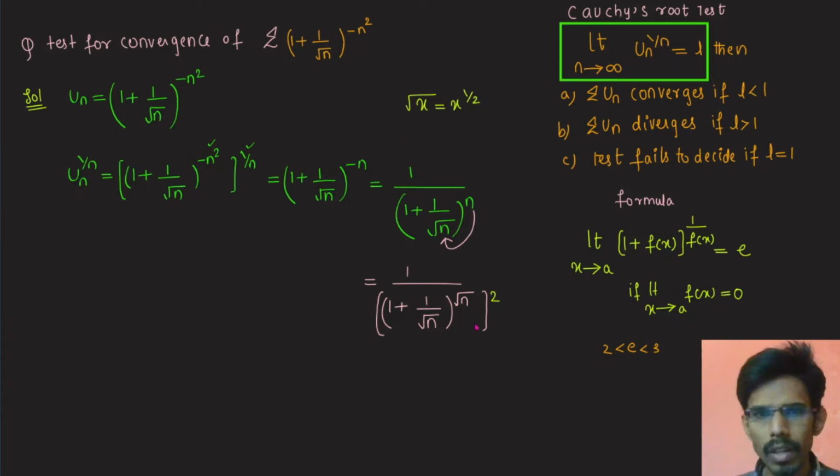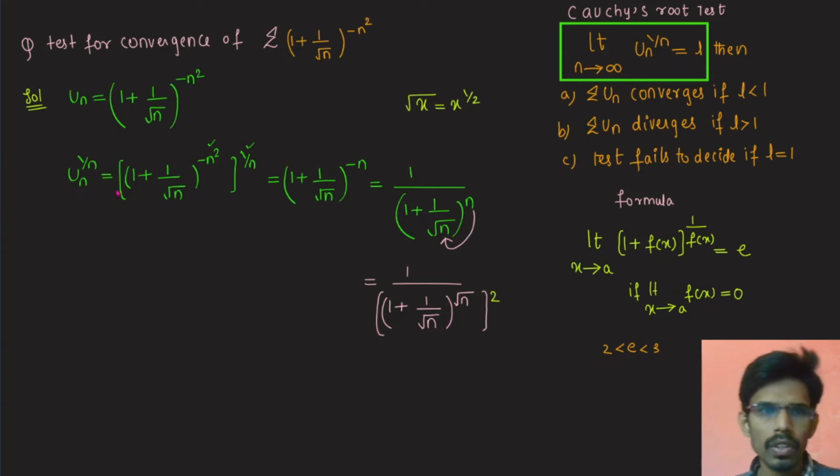So this root n will be n power 1 by 2, into 2 will become 1 only. So we are modifying this n as root n so that these two should be same, 1 by root n. Since here we have this formula 1 plus f of x and its reciprocal will be the power. So 1 by root n, its reciprocal is root n, right?